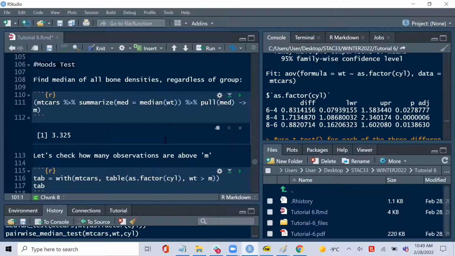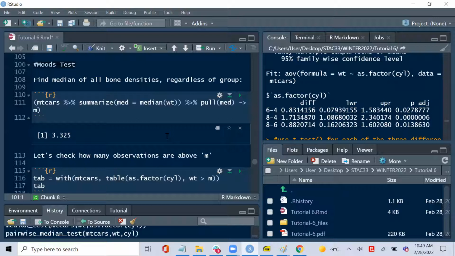So what Mood's test does is it looks at all the groups you have, be it 4, 6, and 8, and sees which of them have medians that are bigger than the grand median, right? So 4 is different from 8 if the proportion of times 8 is bigger than the grand median is significantly bigger than the number of times 4 is bigger than the grand median, and same with 6 and 4 and 6 and 8, right?